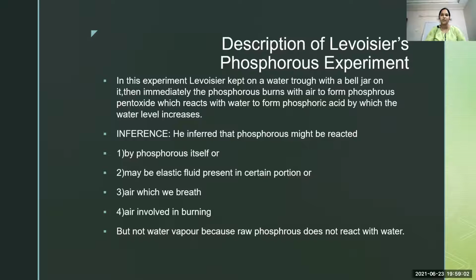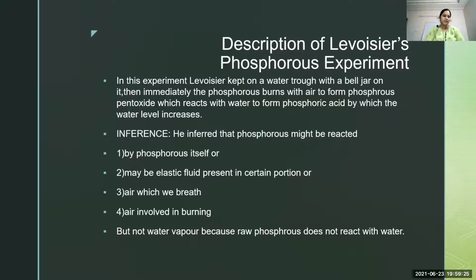Inference: hence, he inferred that phosphorus might have reacted by itself, or with an elastic fluid present in a certain portion of air, the air which we breathe or the air involved in burning, but not water vapor, because raw phosphorus does not react with water.